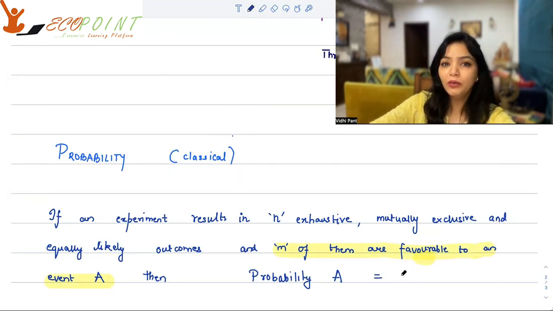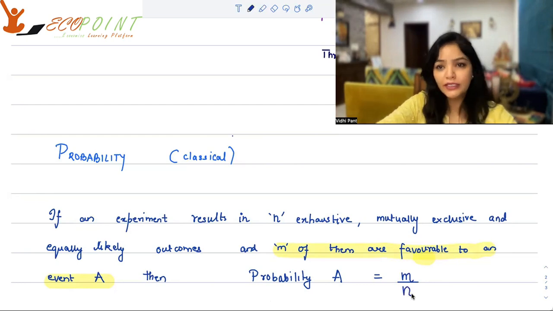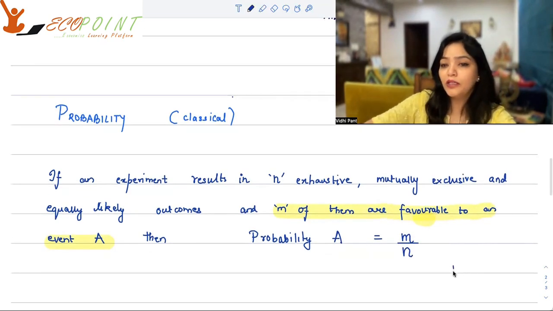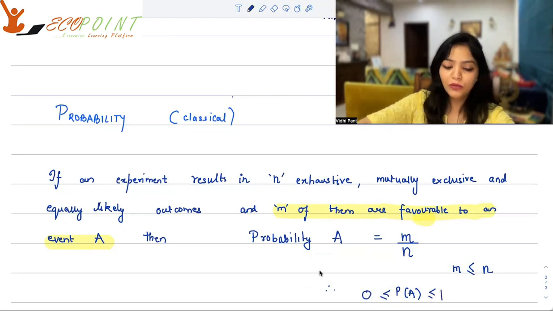That would be equal to m, that is your favorable cases towards A, upon the total cases that you can have, and that is n. So m upon n. Clearly, m has to be less than or equal to n. Therefore, your probability of A would always lie between 0 and 1.